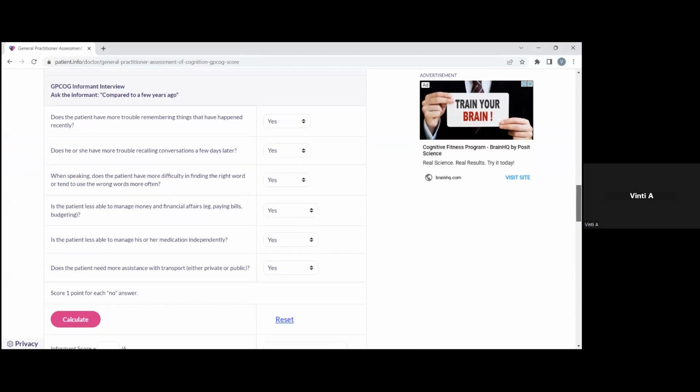Again, the construct here is dementia, and the items that you have used to measure dementia are these, and you have used some sort of yes and no, and you are using a score, so it comes like an interval score.